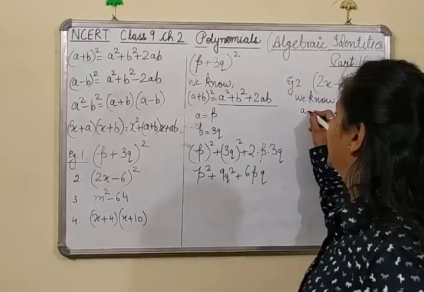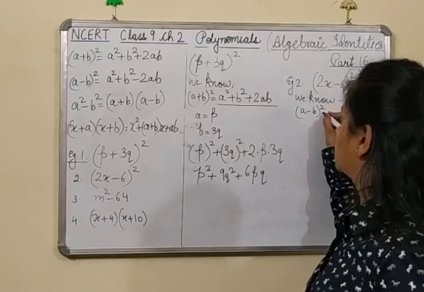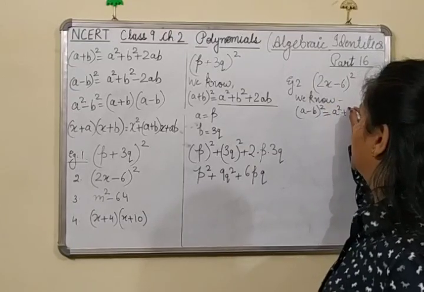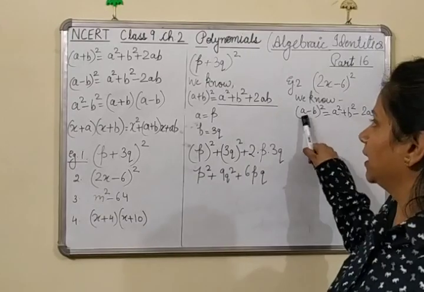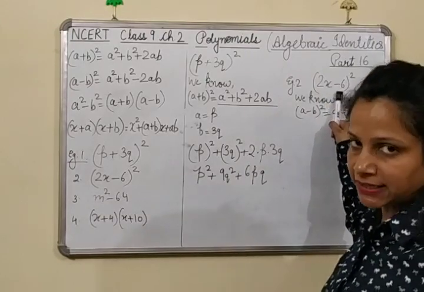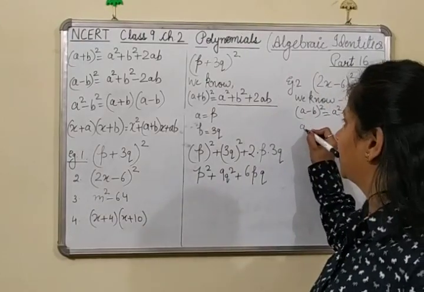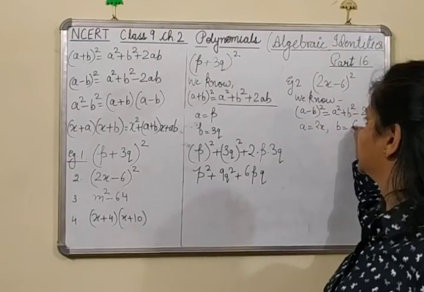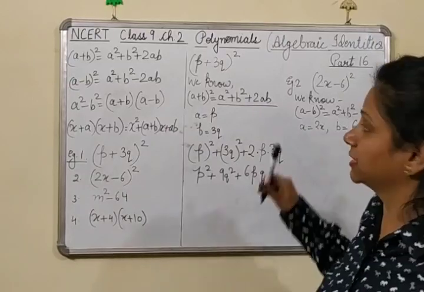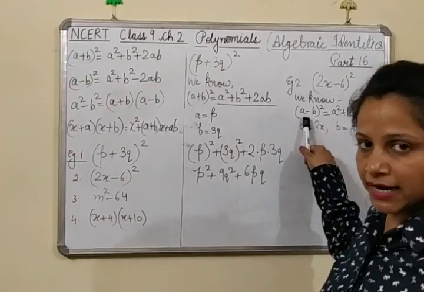Now we know that (a minus b) whole square will be equal to a square plus b square minus 2ab. Now a minus b is 2x minus 6. If we compare, a is 2x and b is 6. Don't take minus 6, because minus is already there in the identity.